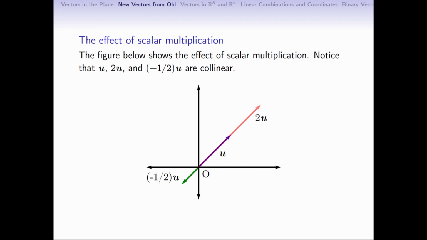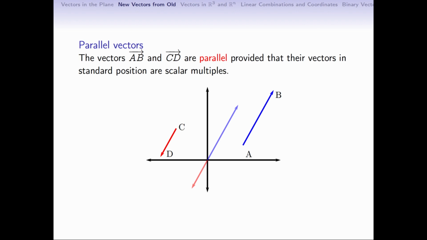The language of scalar multiplication allows us to carefully define what it means for a pair of vectors to be parallel. So, the vectors AB and CD are parallel, provided that their vectors in standard position are scalar multiples.